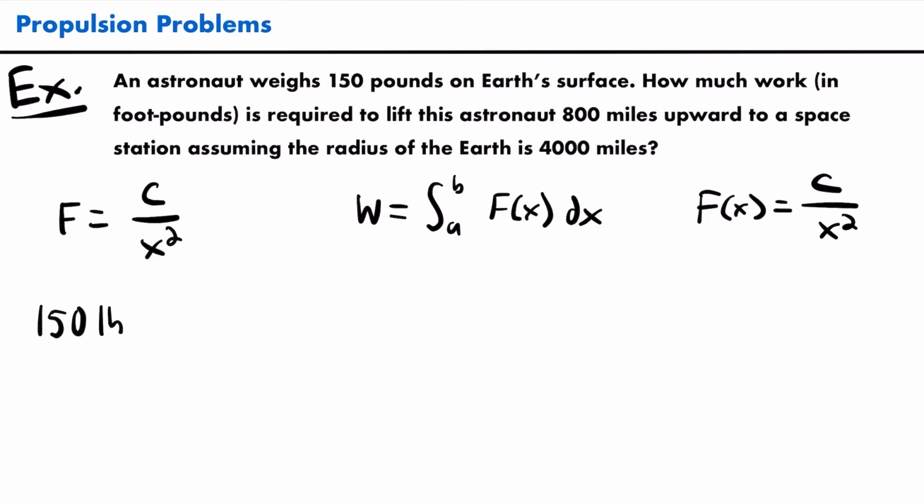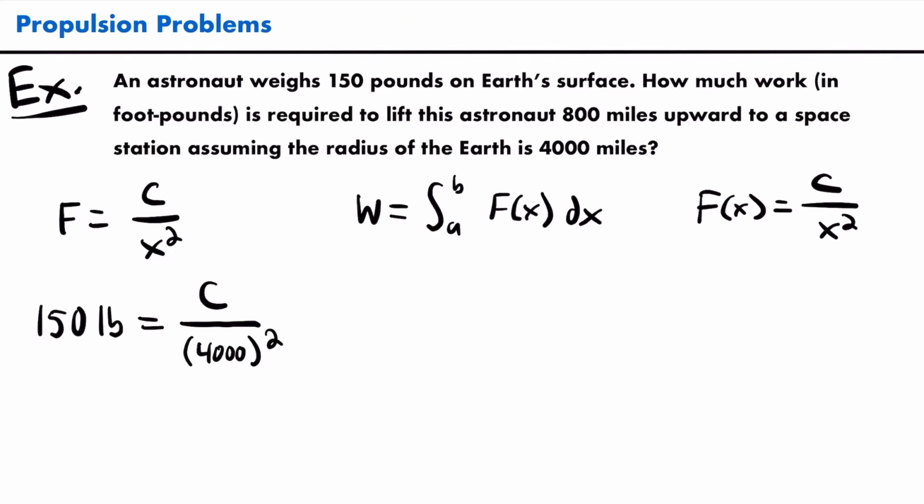So we have 150 pounds is equal to that constant of proportionality divided by x, the distance from the center of our mass. Now in this case, that will be the radius of the Earth, right? The radius is a measurement from the center of a sphere or a circle to the outside edge. And so the distance from the center of the mass in this case, which is Earth, is 4,000 miles. And so we'll have 4,000 miles squared.